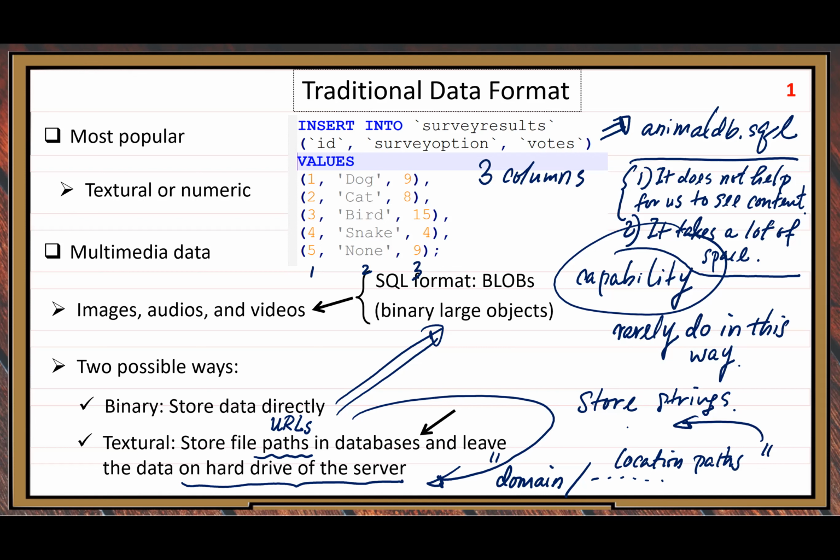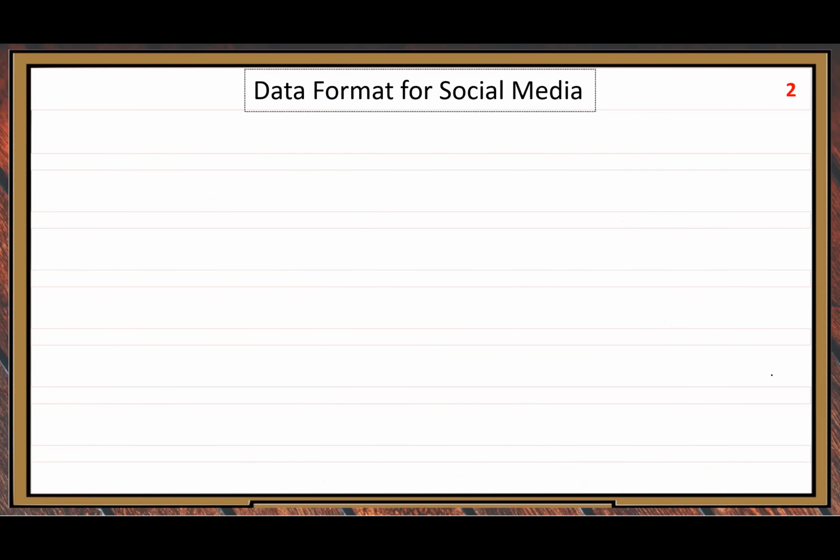All right, so that's the traditional data. Next, non-traditional data, in web applications. Data format for social media. That's the non-traditional way. Social media has been so important in recent years.